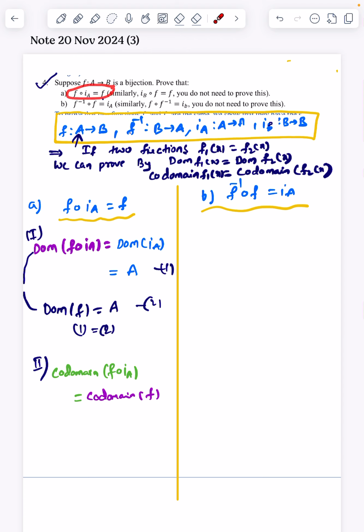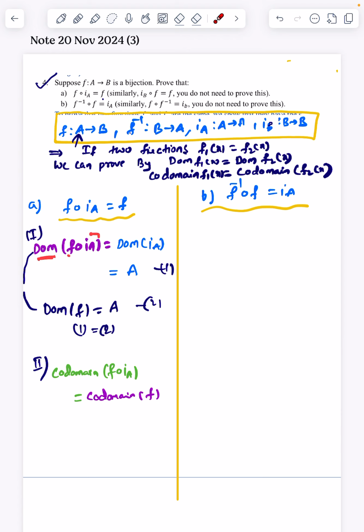Now I am taking the first proof on this side and the second proof on that side. First, the A part: we are going to prove f circle I_A is equal to f. We need the domain of this function to equal the domain of that function. First I take the left side, the domain of the composite function.